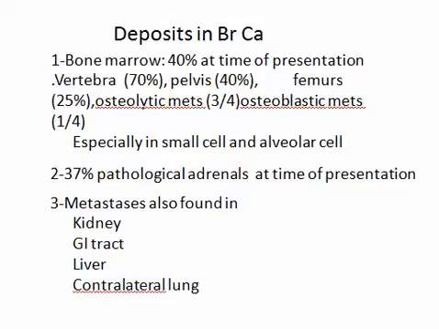And the bone deposits in bronchogenic carcinoma are usually seen in small cell and alveolar cell carcinoma. 37% pathological adrenals are seen at the time of presentation in all cases of bronchogenic carcinoma. It's a big number. Metastases are also seen at the contralateral lung, kidney, GI tract, and liver, and in the GI tract it may be in the subserosal region or within the omentum.